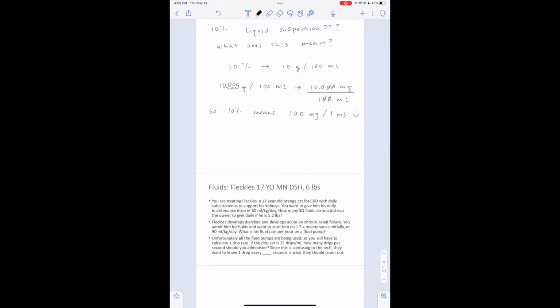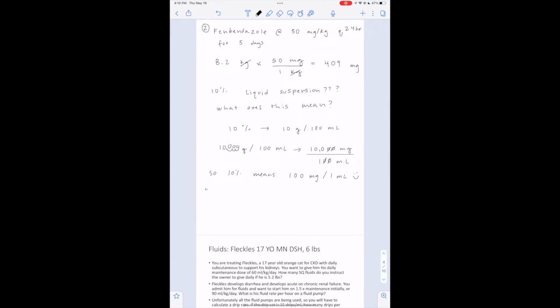Okay, so now that we have that out of the way, we know that we're going to be giving the animal 409 milligrams, and in every 1 milliliter there's 100 milligrams. So your milligrams are going to cancel out with each other, and then you're left with 4.09 milliliters for one dose.